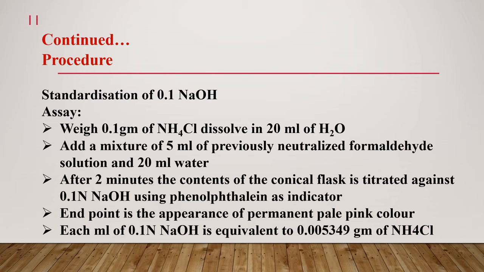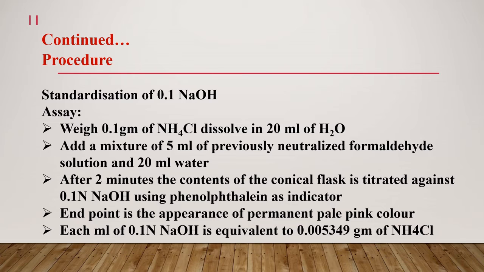In order to perform the assay of ammonium chloride, accurately weigh 0.1 gram of ammonium chloride and dissolve it in 20 ml of water. Then, to this solution add a mixture of 5 ml of previously neutralized formaldehyde solution and 20 ml of water.